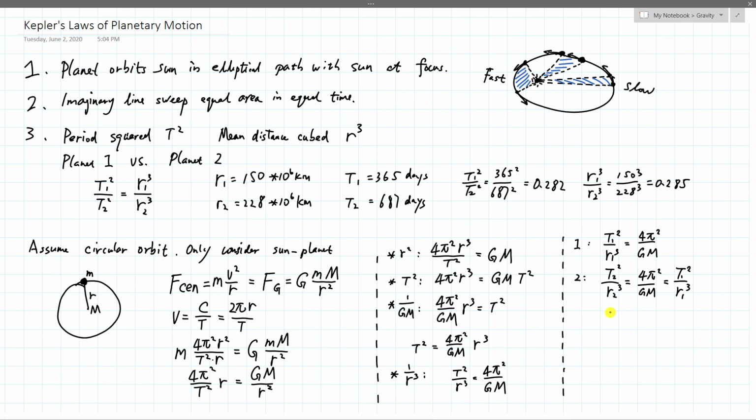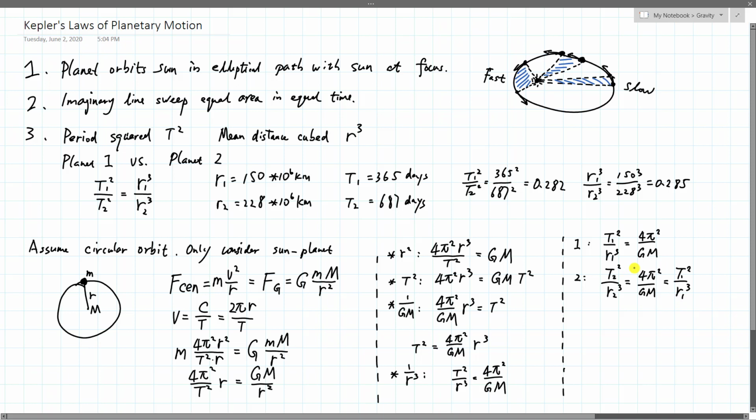So now you see where this comes from. A nice application of this law is, say, if you know the distance from the planet's center, say we have a man-made satellite orbiting Earth, and what is the period of that satellite?